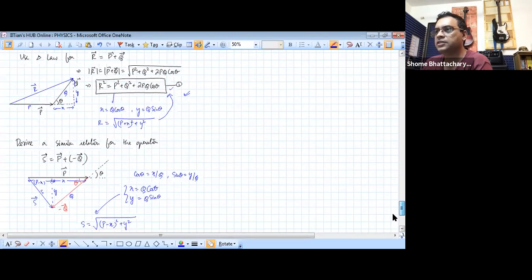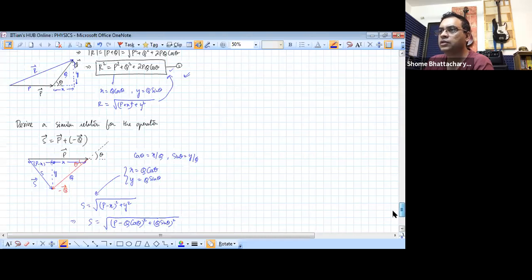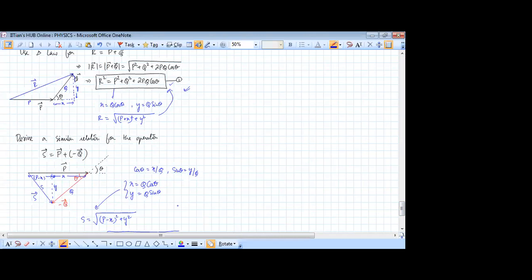So deriving a similar relation here for the operation P plus of minus Q. Like we derived an equation above for P plus Q, like that we are deriving a relation below. We are deriving the relation for P plus of minus Q using the triangle. So just write down the steps for the second triangle relation that we got.